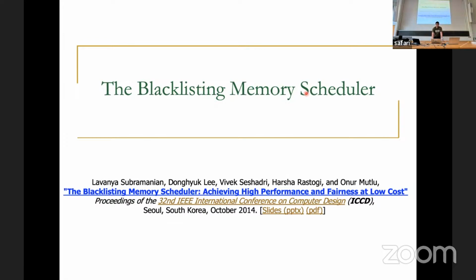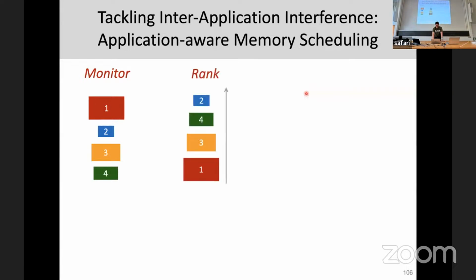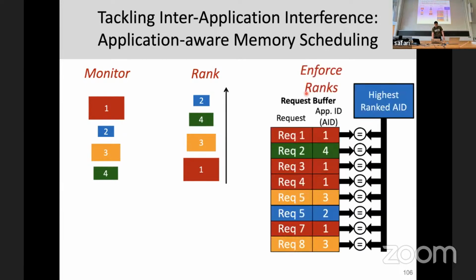So we will continue with the blacklisting memory scheduler, which is another technique to improve fairness. And the key idea is simple, but let's start with the problem of existing techniques, or the techniques we have described so far. The basic idea of fairness guaranteeing or fairness improving scheduling techniques is that they monitor the requests that come to the memory controller, and they rank the requests based on some scheduling policy.